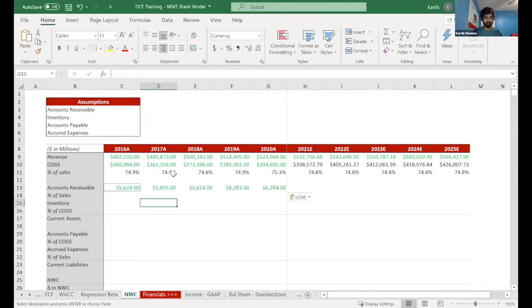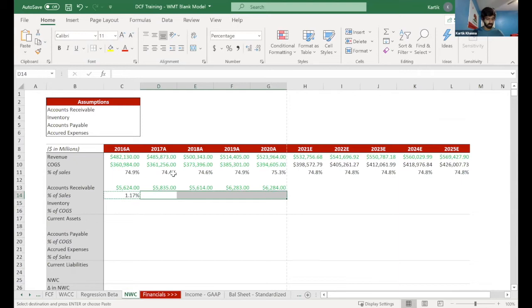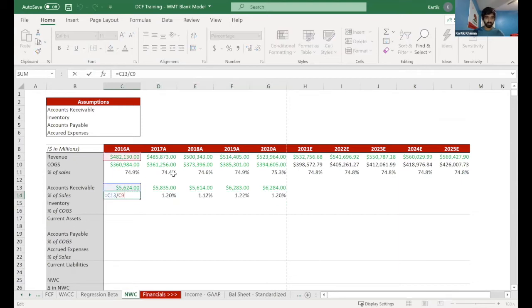But for this, it was AR and inventory, so we're just going to pull this forward for the historical period like we did before. And we are also going to figure out what accounts receivable is as a percentage of revenue. Carry that forward. Just double check by hitting F2 to make sure everything's linked the way it should. And keeping that in mind, we're going to go up to this handy dandy box above here, and we're just going to hit average. We're going to find the 5-year average accounts receivable percentage number as a percentage of sales.